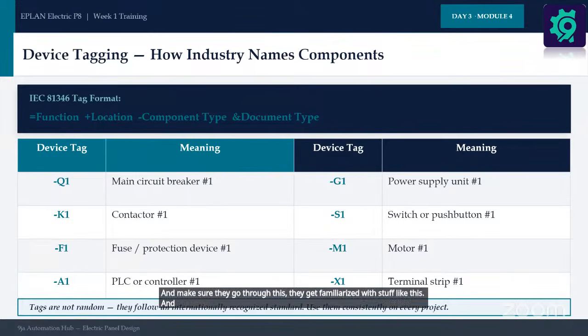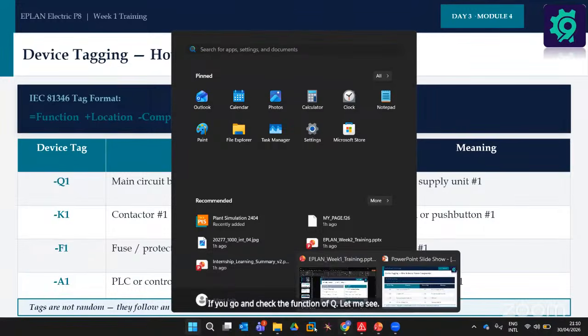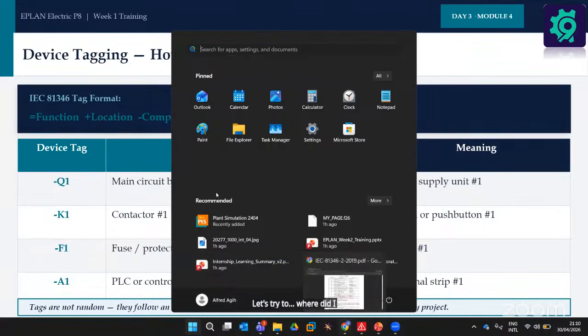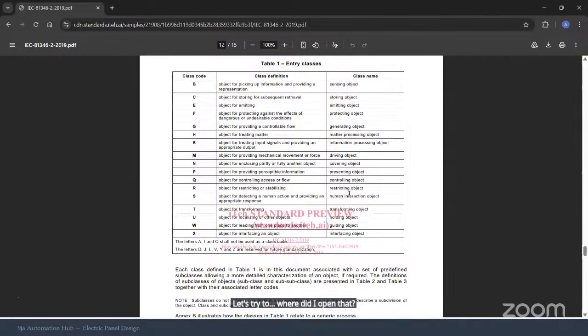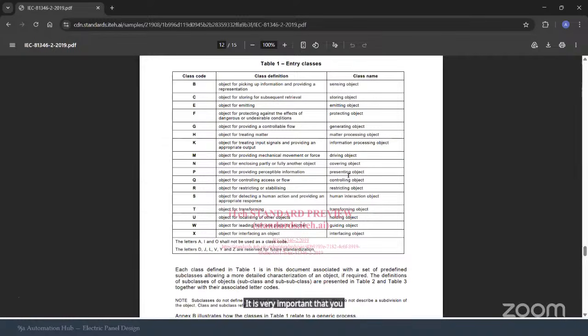Let's even give some example. Say a main isolator: you use Q. If you go and check the function of Q, it is an object for controlling access or flow. So you don't want those big currents to flow from one point to another; you are controlling access. It is very important that you have a basic understanding of these things.